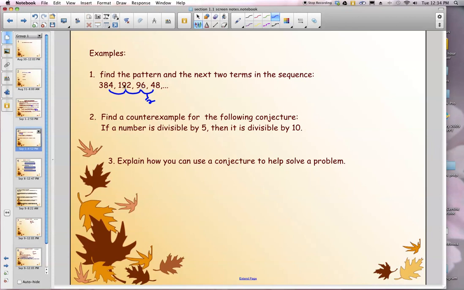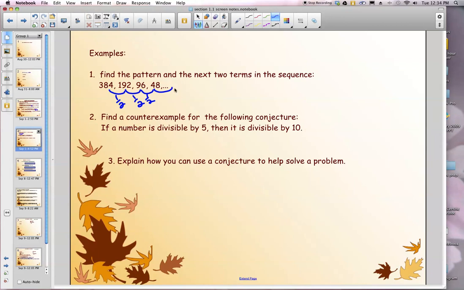Is 96 half of 192? So you have to figure that out mathematically. 192 divided by 2 is indeed 96. So it is half. And so on. And it turns out that 384 is twice as big as 192. So the pattern is that you're taking half of the number or dividing it by 2 to be specific.